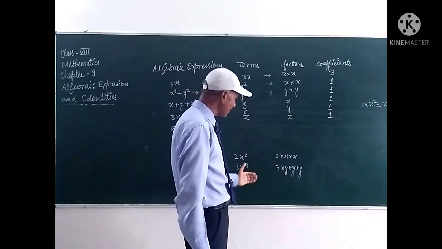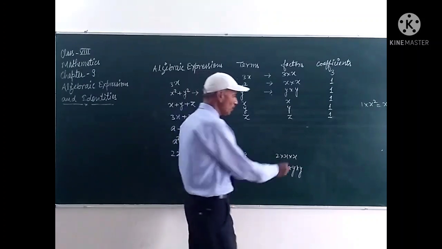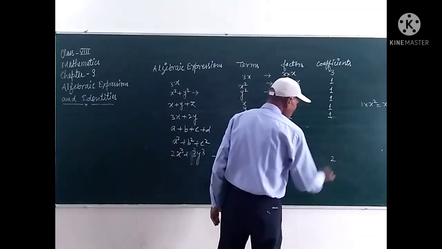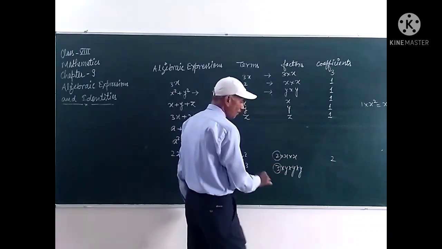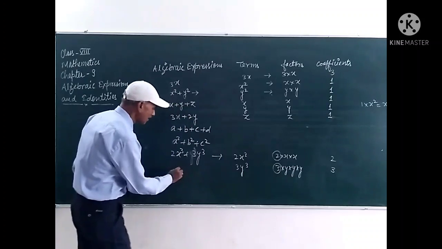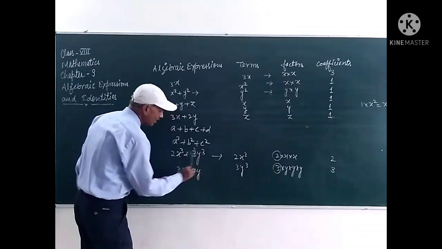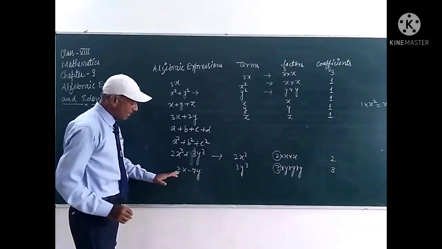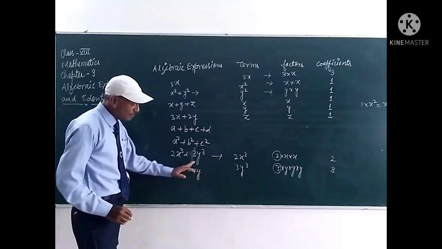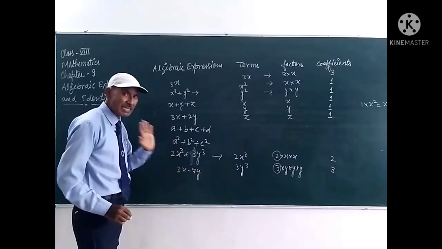These are the factors. Now we write the coefficients of each term. The numerical value is 2, so the coefficient is 2 here, and in this term the coefficient is 3, student. If it is 3x minus 7y, there are 2 terms, and the coefficient of the first term x is 3 and the coefficient of the second term y is minus 7, student, because it is minus 7.